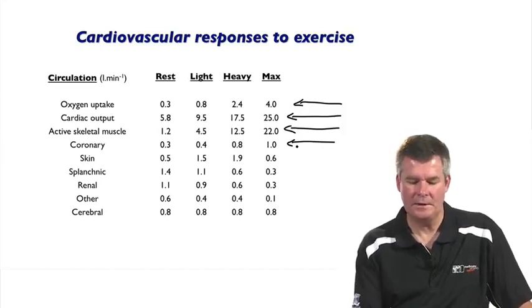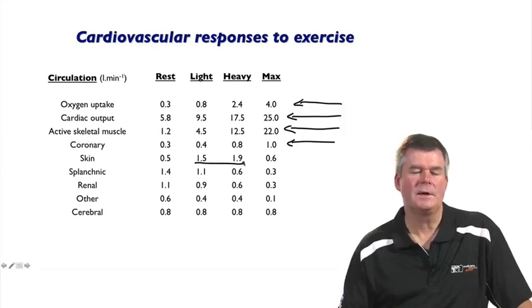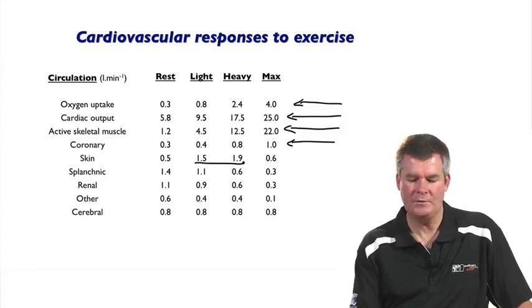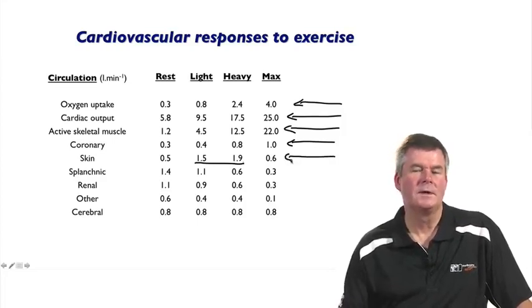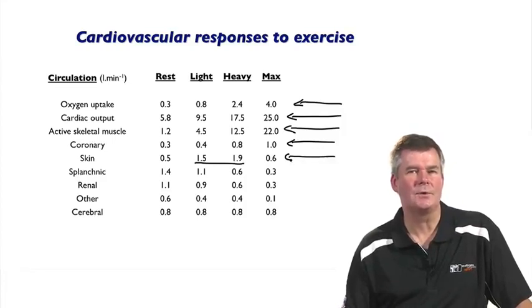You'll notice here that during light to heavy exercise, there's an increase in skin blood flow to facilitate this heat removal. But as you move to higher intensities, there's a reduction in skin blood flow as we approach the maximal cardiac output. And this really sets up, if you like, a competition between the muscle and the skin and the other important organs, the heart and the brain, that needs to be managed. We'll talk a little bit about that in the next module as well.